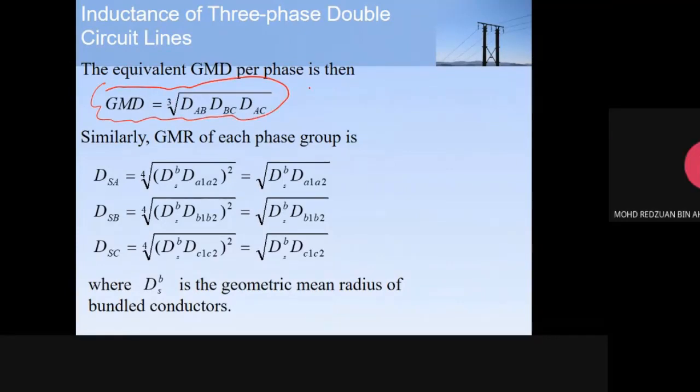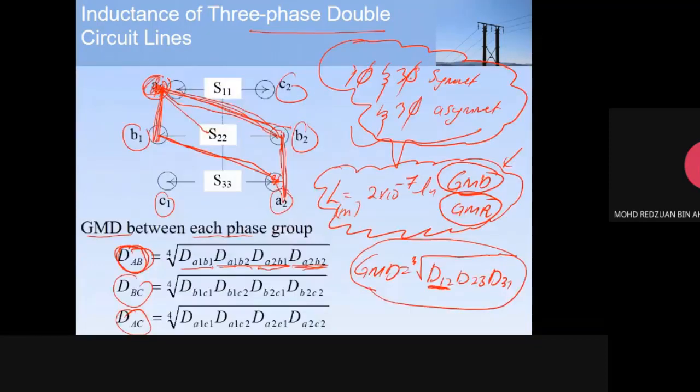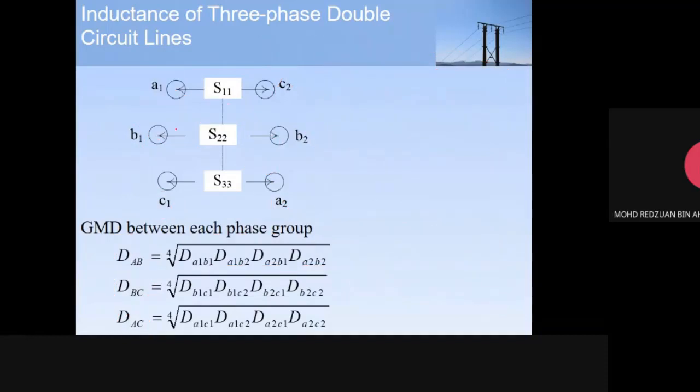So which is DAB just now? This AB, because we have A to B1, this DA1B1. We have four elements for AB: A1B1, A1B2, A2B1, A2B2.